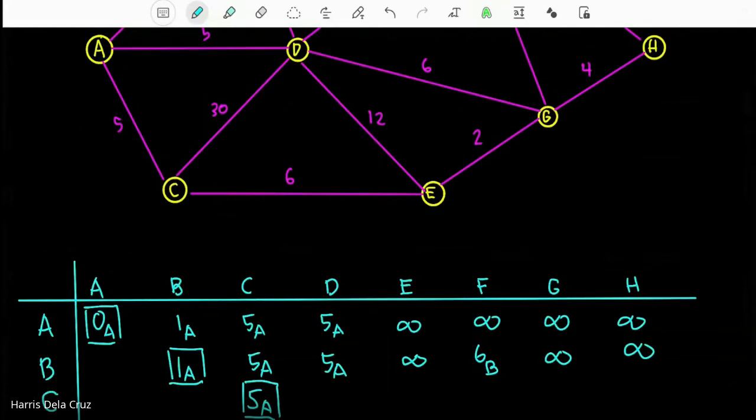That's greater than the temporary label of D, which is 5A. So we're keeping this label 5A.